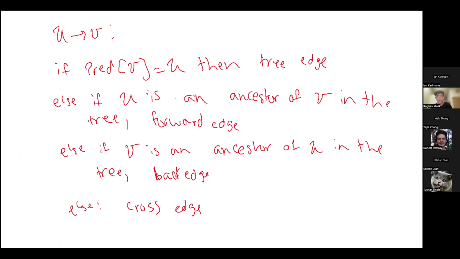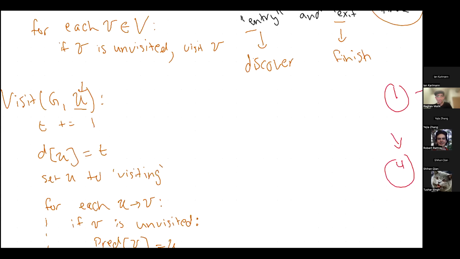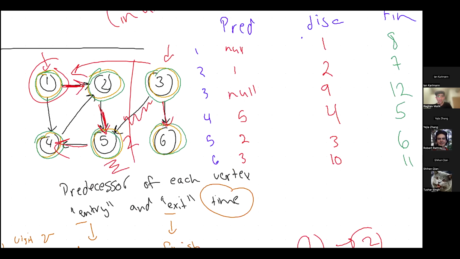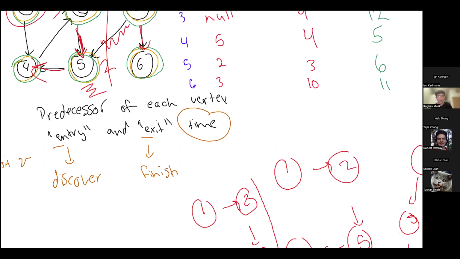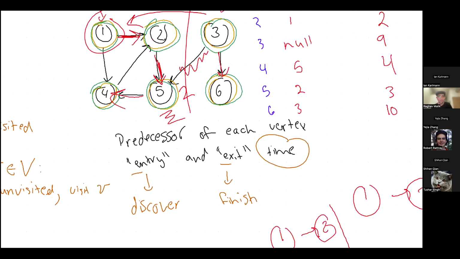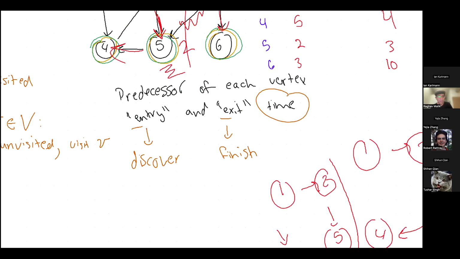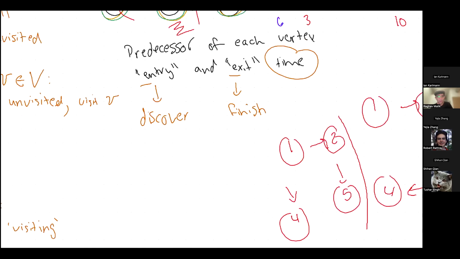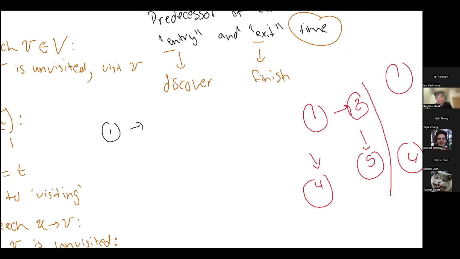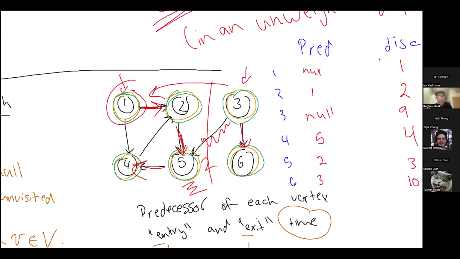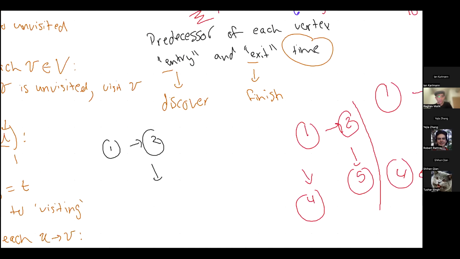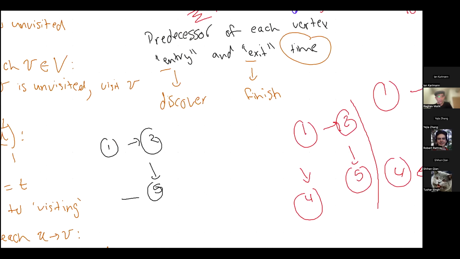So real quick, we can try to classify the edges that we have here. Maybe it's worth redrawing. 1, 2, 5, 4.